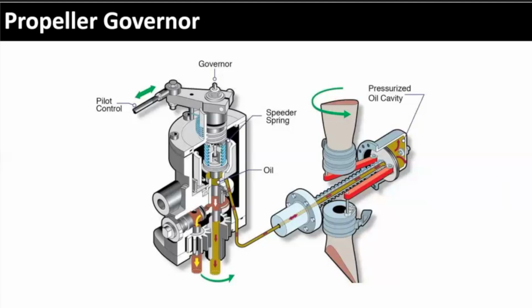If my prop speed starts to slow down, I'm going to move and make sure it goes back to what I had it set at. If it starts to speed up, I'm going to go back the other way and change the angle of the pitch to make sure it maintains that speed, right? So the airplane is constantly managing the pitch of the propeller to maintain that constant prop speed. Okay.